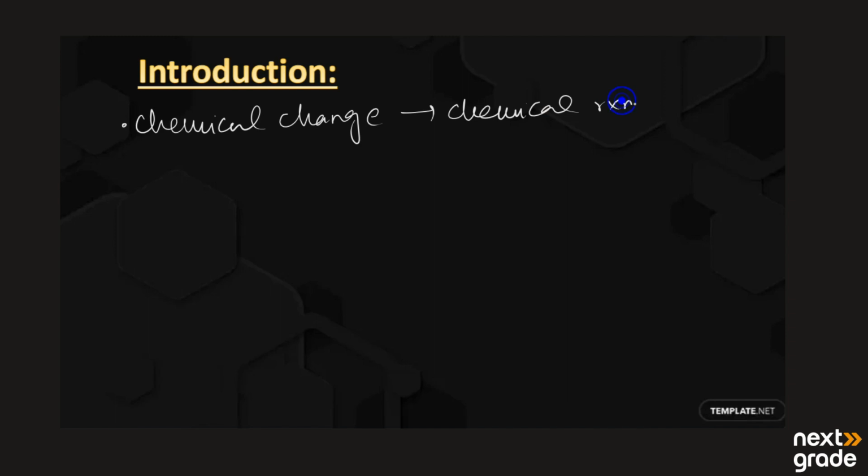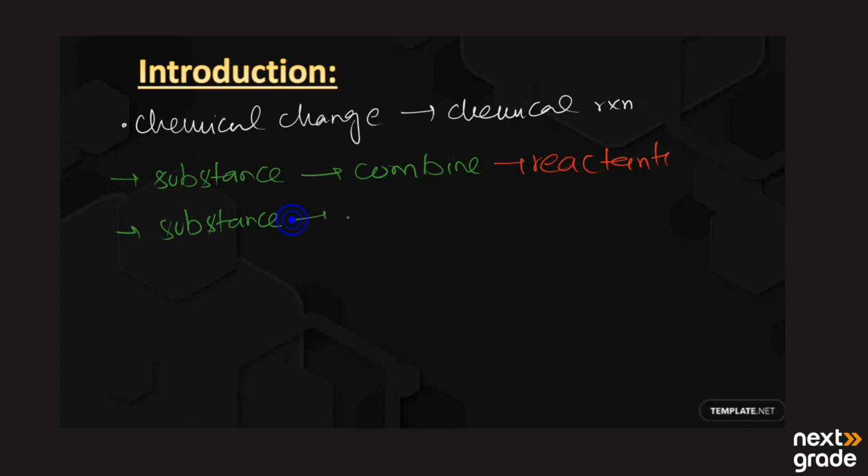In a chemical reaction, the substances that combine are known as the reactants, and the substances that are formed as a result of the combination of the reactants are known as products.